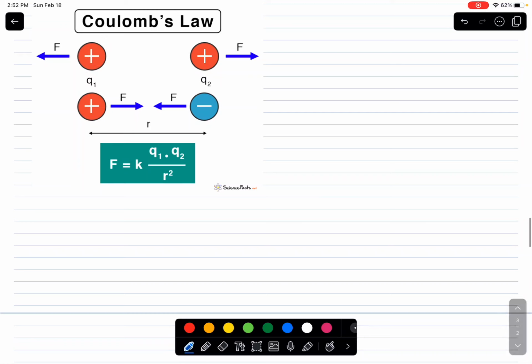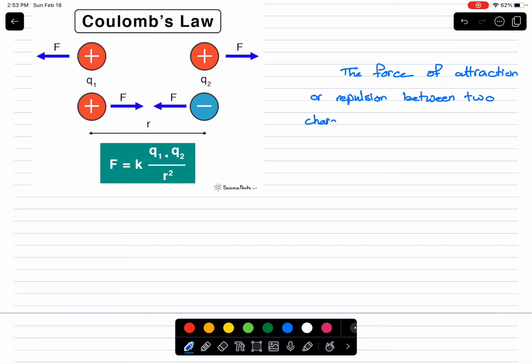Coulomb's law tells us that the force of attraction or repulsion between two charged objects is given by the formula that we have here.